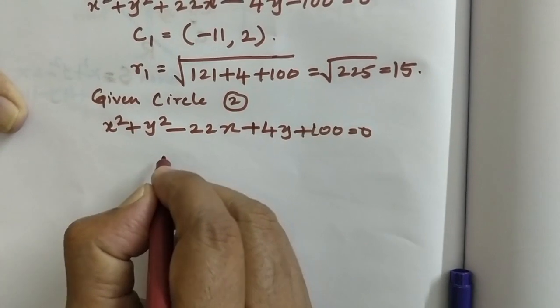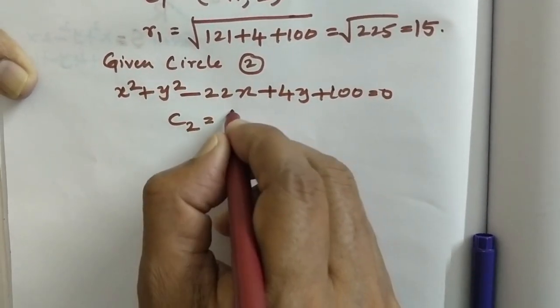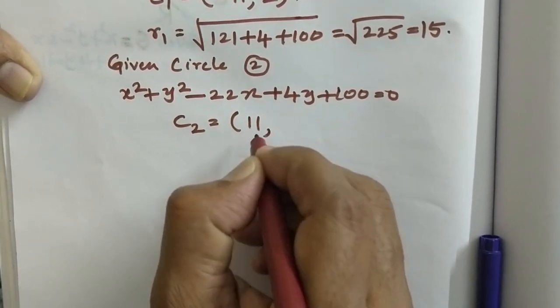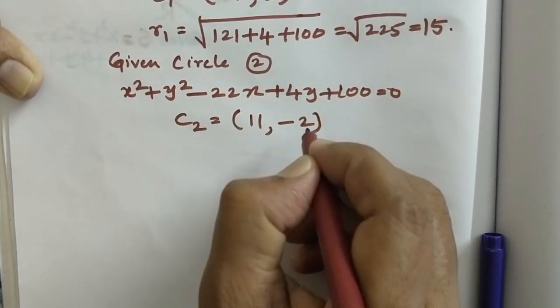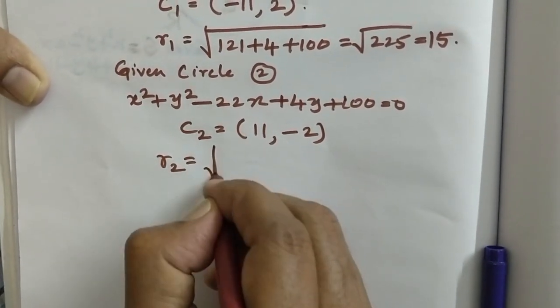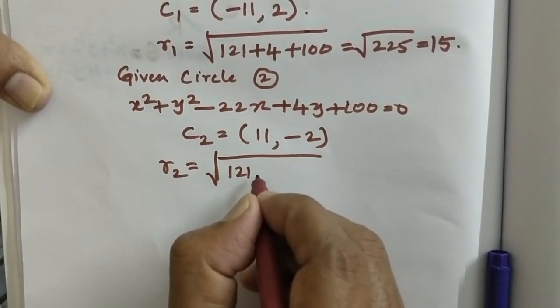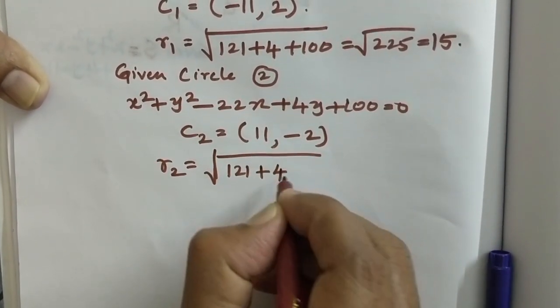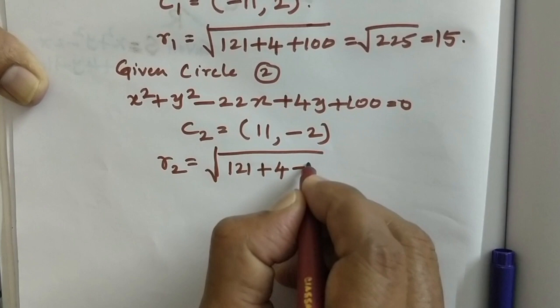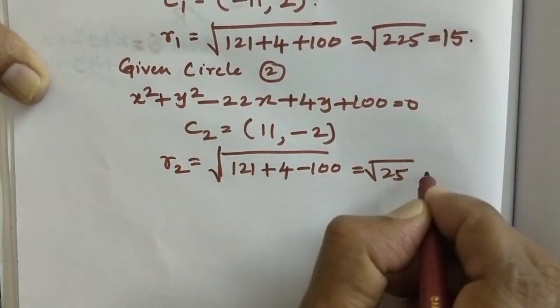Then C2, the center of this one, is equal to (minus g, minus f), that is (11, minus 2), and the radius R2 is equal to square root of g square, 11 square 121, plus f square, 2 square 4, minus c, which is 100. This gives you 25, that is equal to 5.